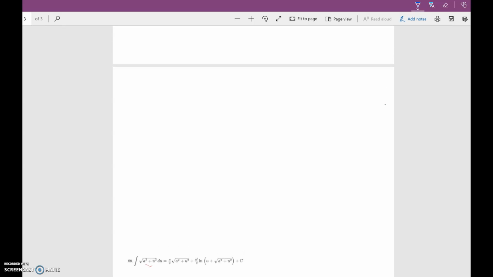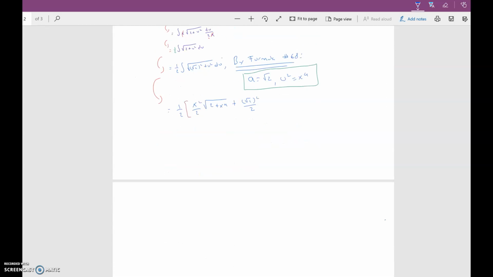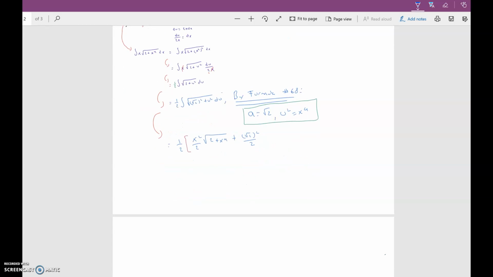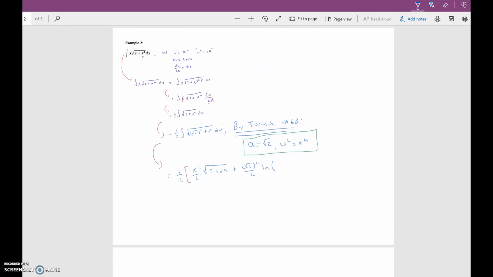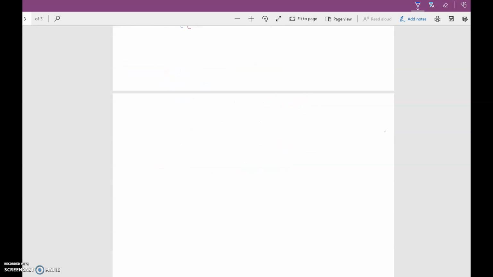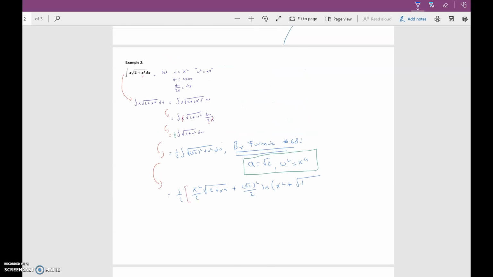And then it has a plus, so plus the square root of 2 squared divided by 2. And then it has the ln. So ln of u plus, so u is going to be your x squared, plus the square root of a squared plus u squared, so basically 2 plus x to the fourth, then plus c.